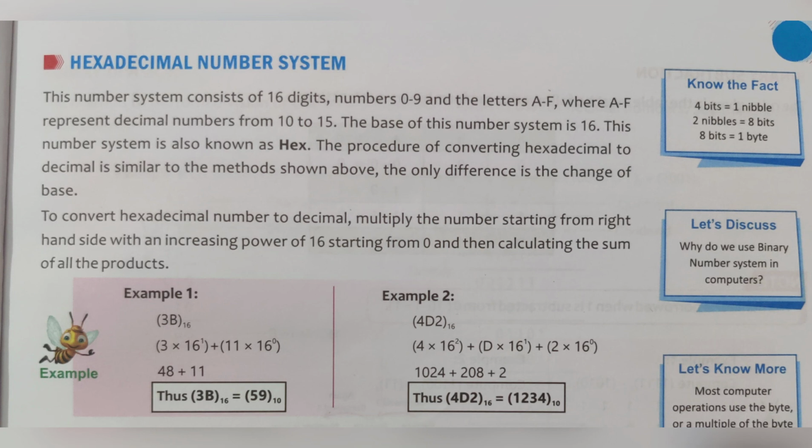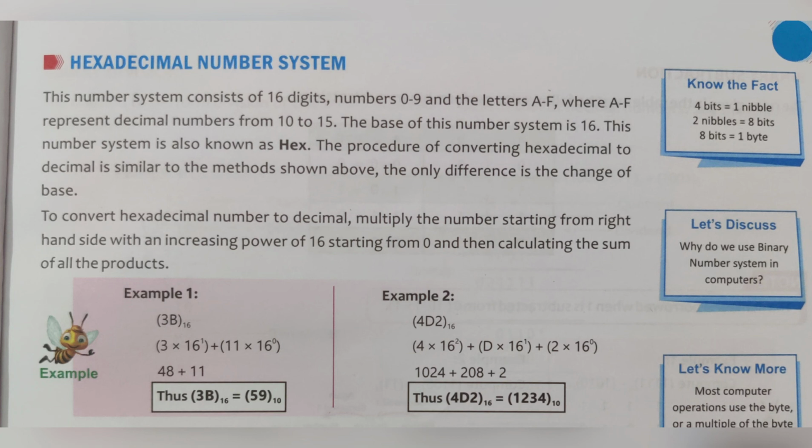Example 2, 4D2. 4 into 16 raised to the power 2, plus D into 16 raised to the power 1, plus 2 into 16 raised to the power 0. 16 into 16 is equal to 256, and 256 into 4 is equal to 1024. Plus D, which is on the 14th place... sorry, the 13th: 13 into 16 is equal to 208.